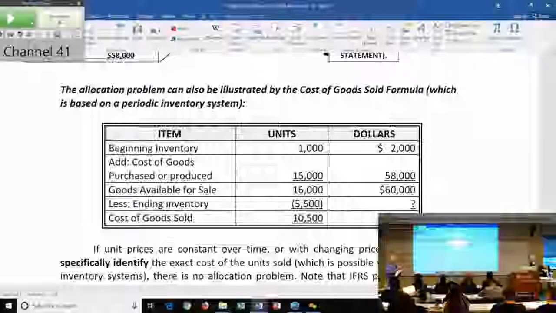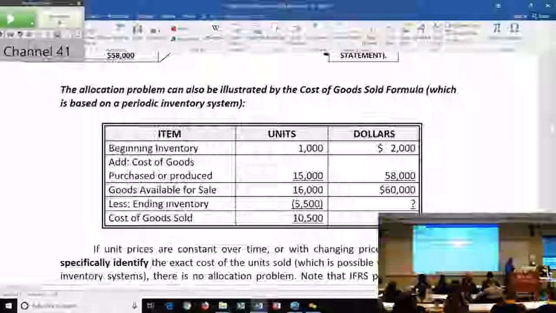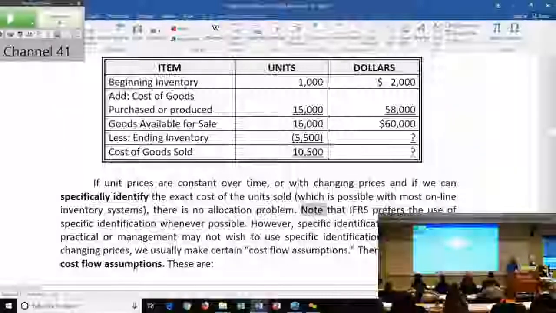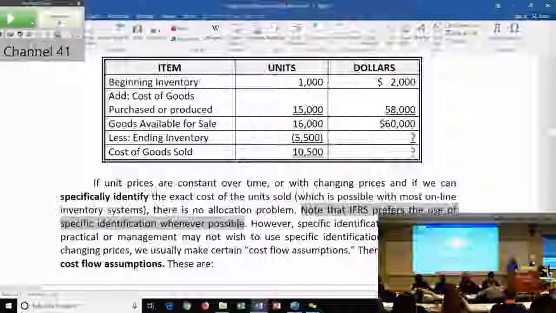I can go out into the lot, look at the vehicles I have, get the VIN numbers, and I know the exact cost. But today you can use specific identification. You may not want to, particularly, and by the way, that's preferred by IFRS, so IFRS prefers specific identification, if you can use it.